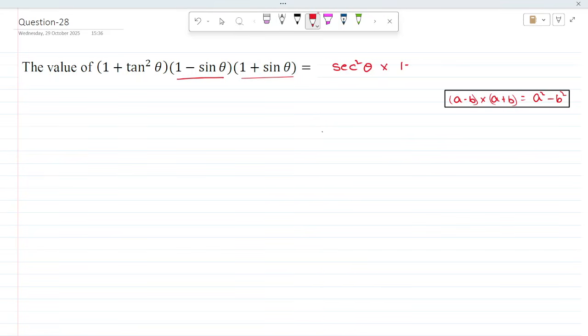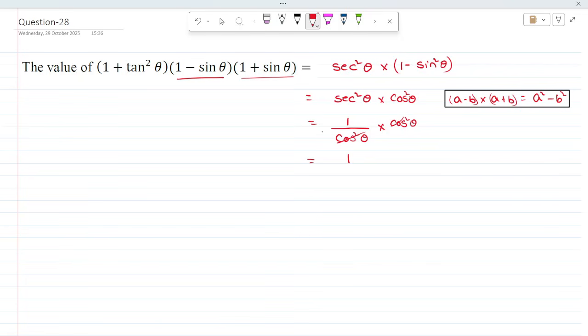Into 1 minus sine square theta. What is 1 minus sine square theta? So secant square theta into cos square theta. Secant can be written as 1 by cos square theta, into cos square theta, is equal to 1.